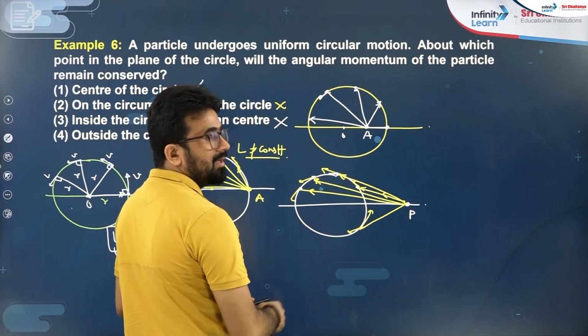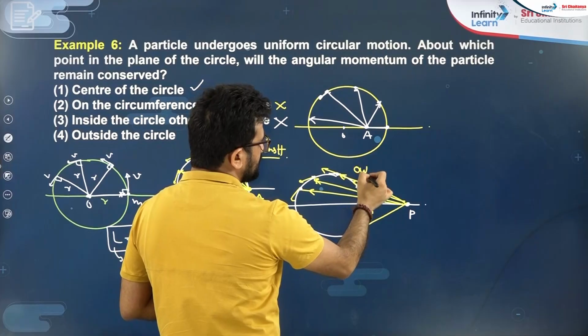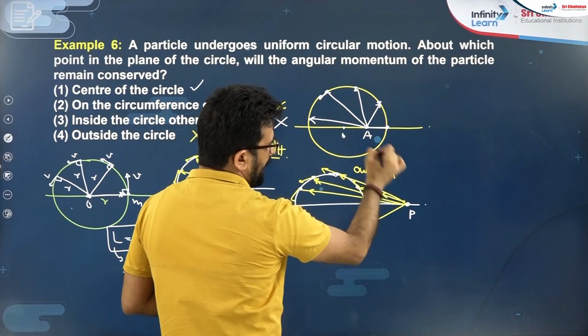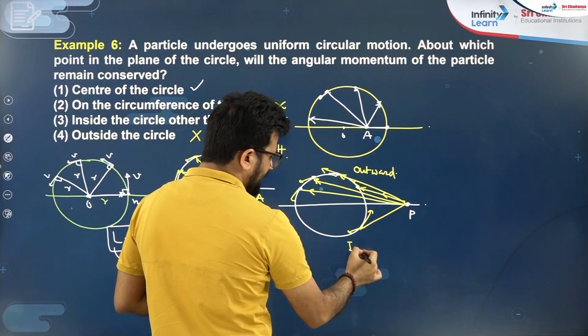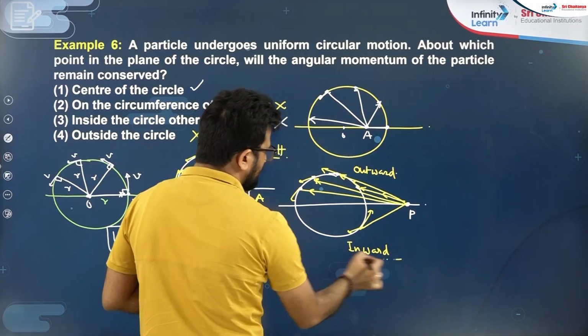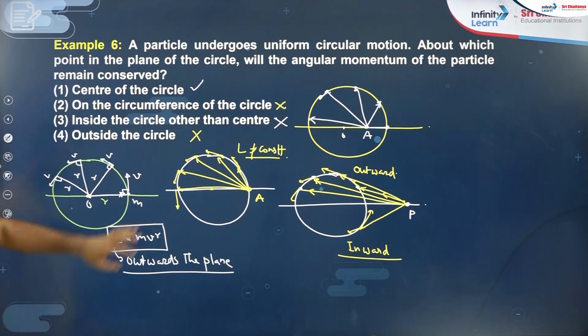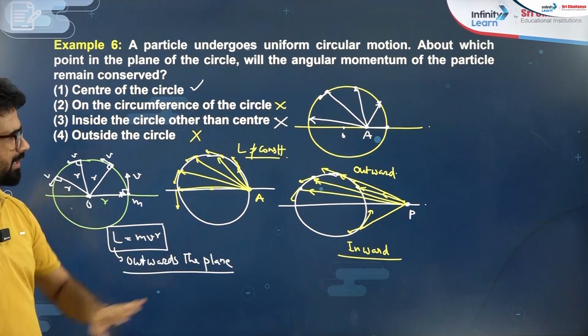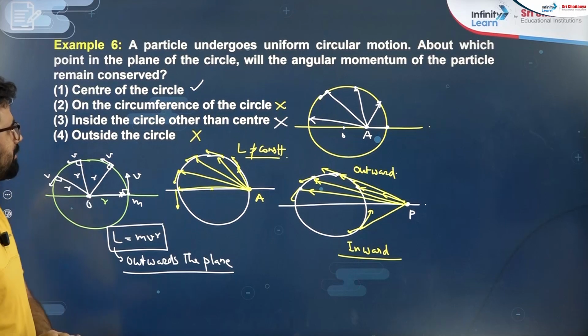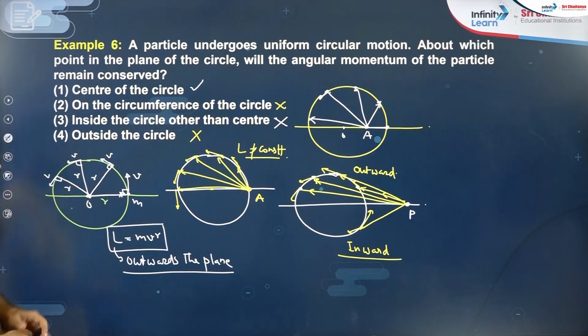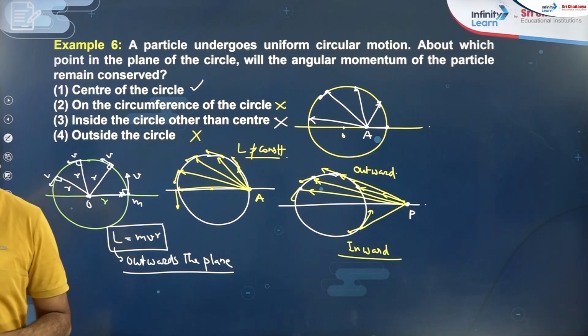You will see that here it is outward, and here the angular momentum is inward. By the way, that is not constant, so it is also not a possible answer, but you have to see the direction is also changing. In one part the direction remains constant, in this part the direction is changing, you have to consider it. That is also one good question to understand the concept of conservation of angular momentum.